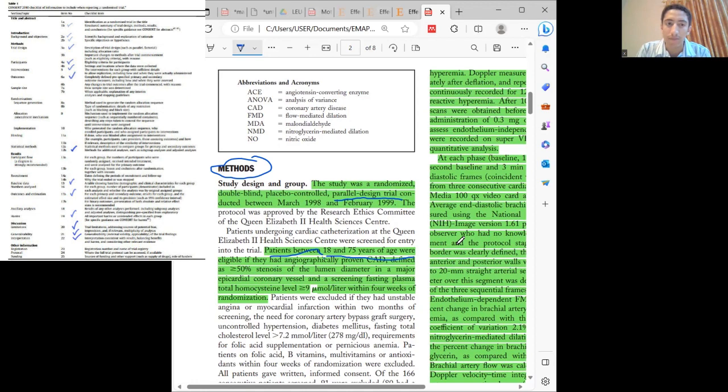But in my opinion, this is the eligibility criteria for participants in the methods. So is this the participants section? So we can move on.